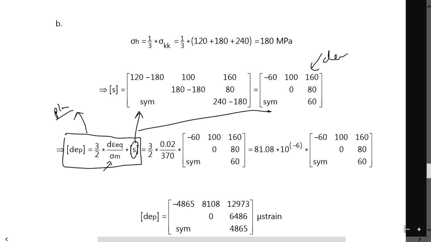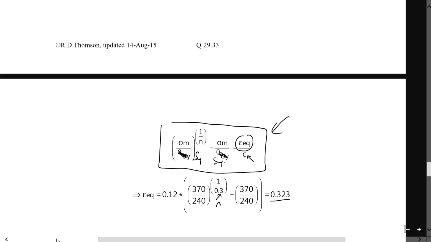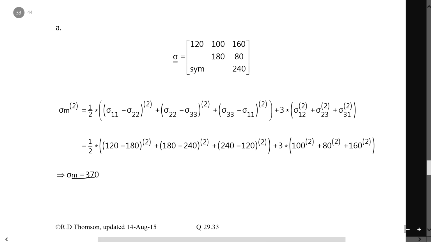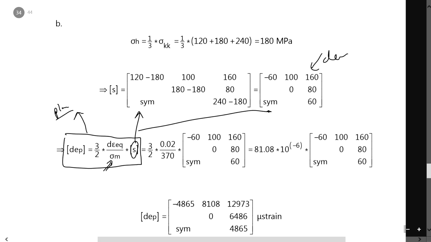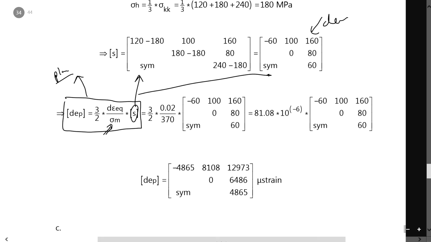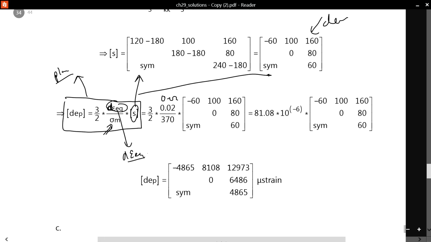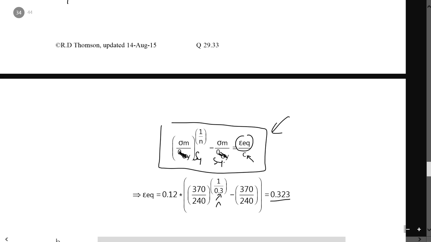Your von Mises stress is already 370, because we have found in the previous part, part A, that it is 370. So now you just simply sub in, and just take note that this equivalent strain is now increased by 0.02. So this d epsilon EQ is the change.